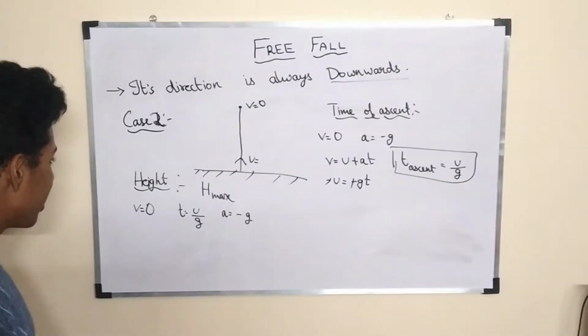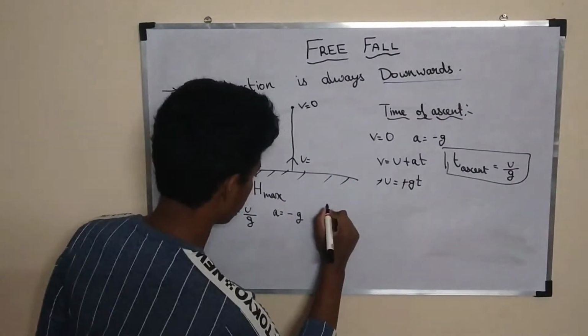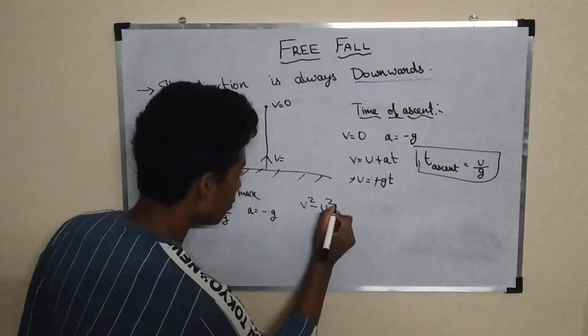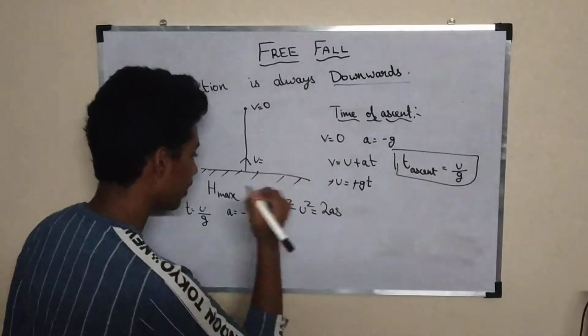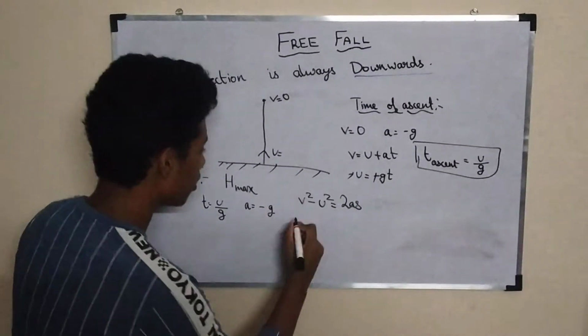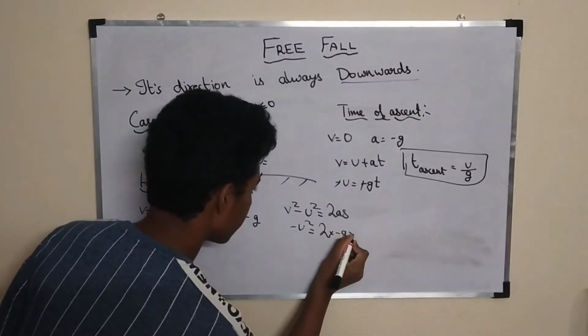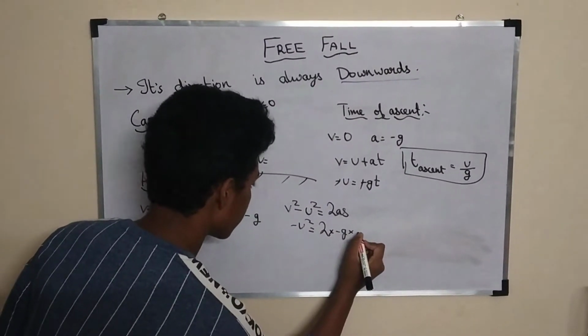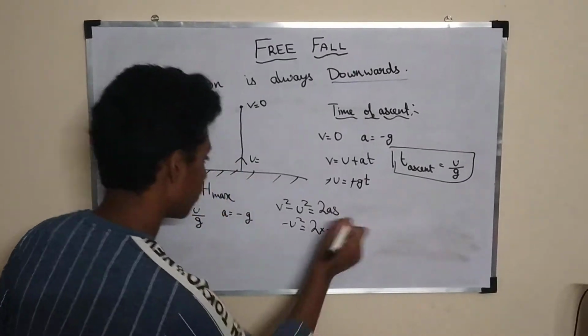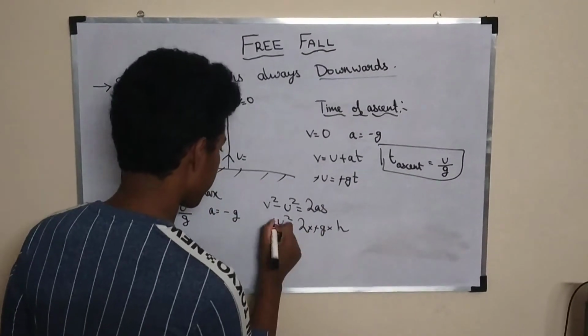So we are left with the third equation of motion, v square minus u square equal to 2as. Then we'll get the answer, let us check. So v square is 0, so minus u square would give you 2 into minus g times my h. This is the one we need to find out. Minus minus cancel.